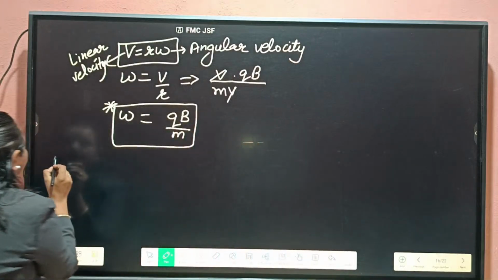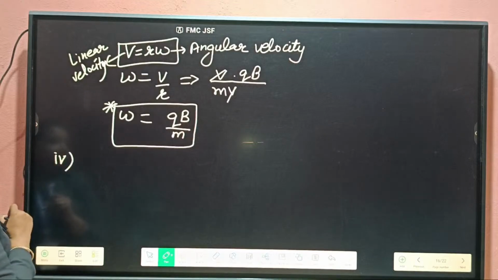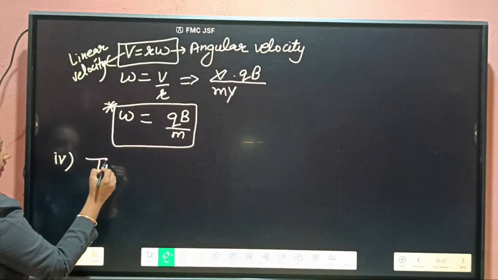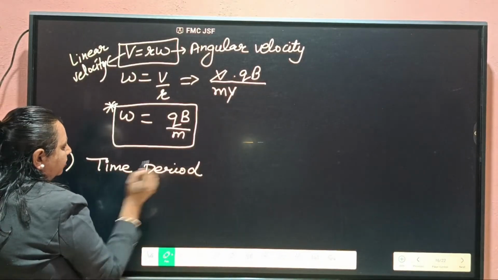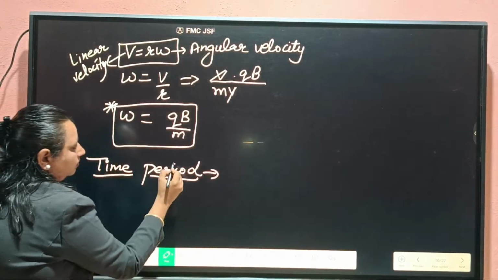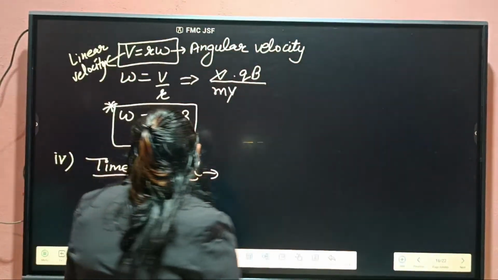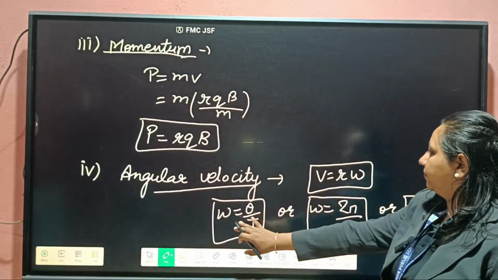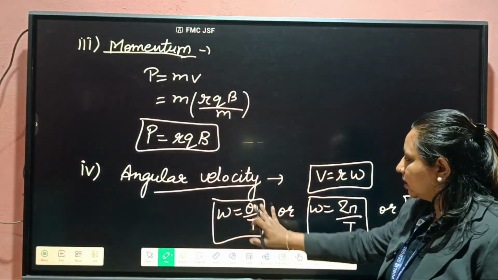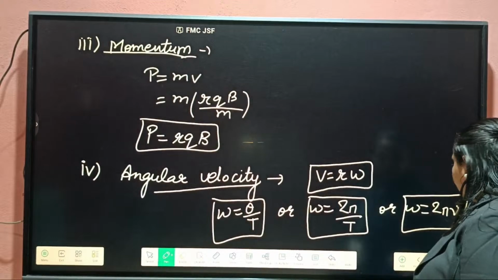If we have omega, we can easily find the time period of revolution in the circular motion. We have done three formulas of omega: omega is equal to theta by t, 2 pi by t, or 2 pi nu.